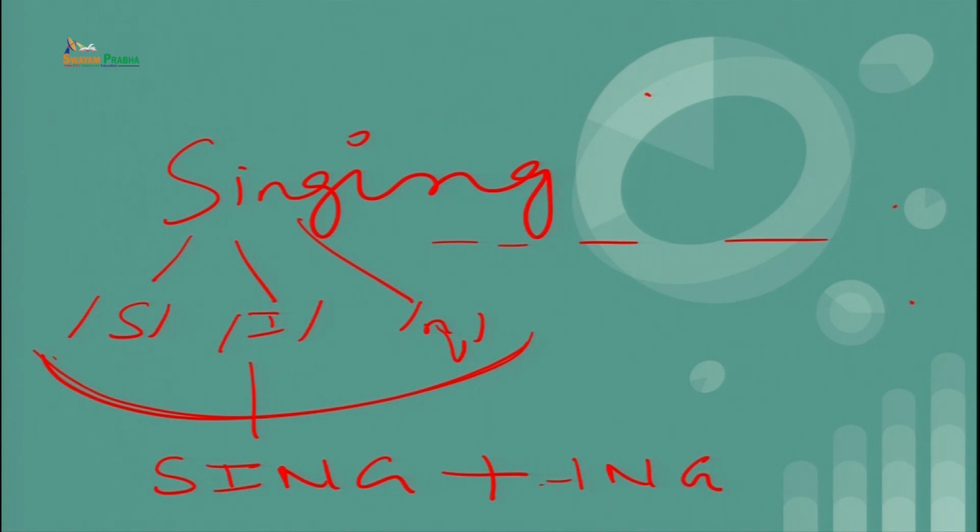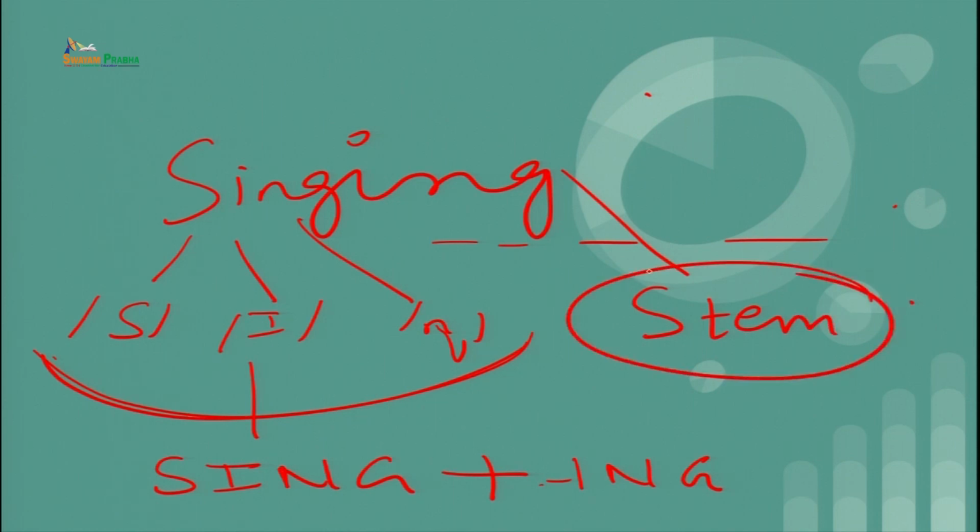Another important thing which we should understand here is there is something which we call stem. Now, what is a stem? Stem is a morpheme to which other things can be added. So, what are those other things? They are suffix and prefix.